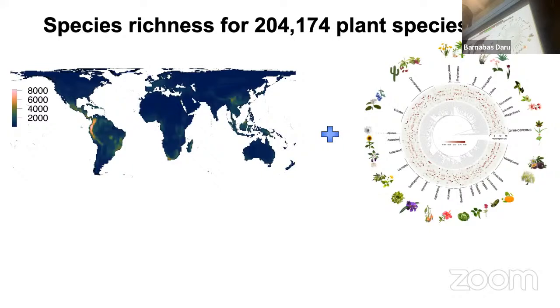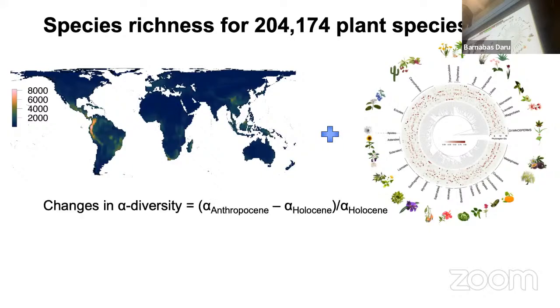And so we then quantified changes in alpha diversity in the Anthropocene, taking the difference with that of the Holocene. Put another way, alpha diversity corresponds to species composition after any form of naturalizations and recent extirpations minus species composition before naturalizations and extirpations.